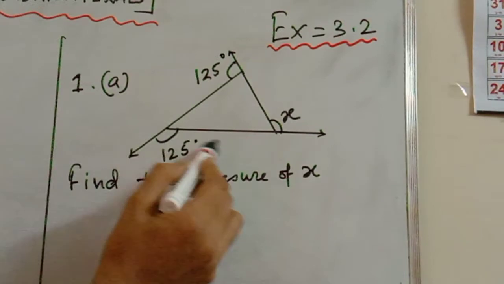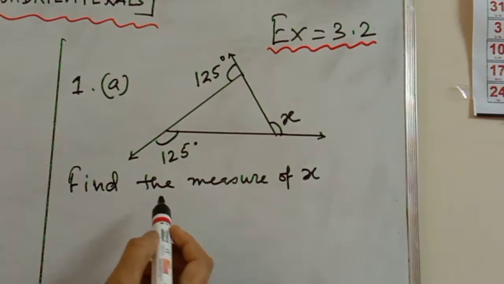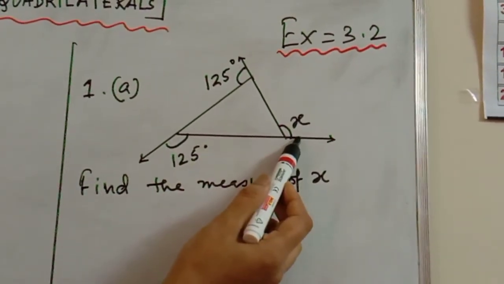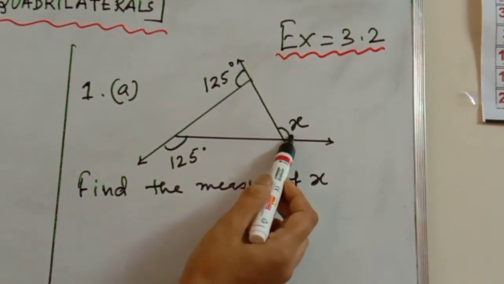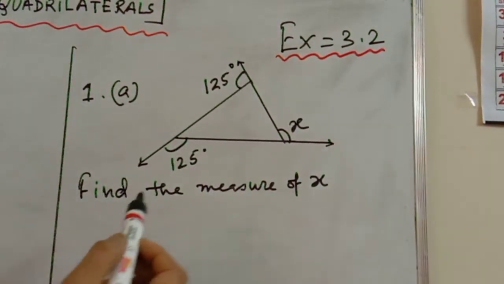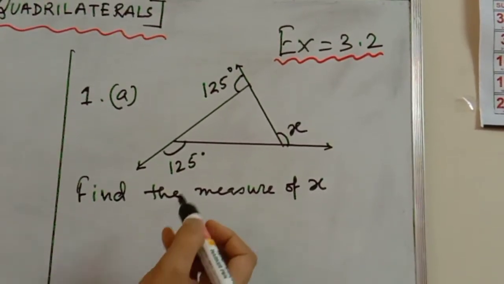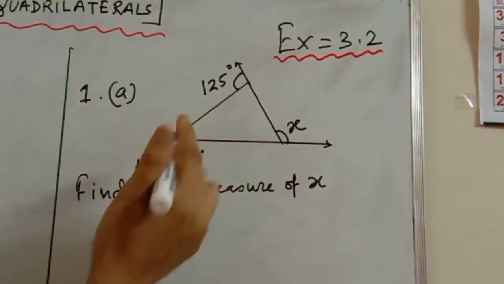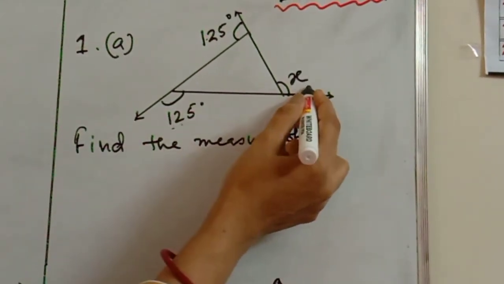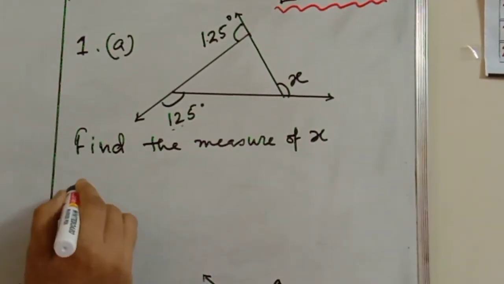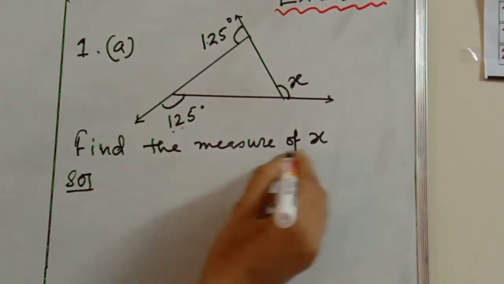Now look at this given figure. It is question number 1, part A of exercise 3.2. Here you have to find the value of x. It is a triangle and three exterior angles are given here. If you use the concept of the sum of the exterior angles of any polygon, you will get 360 degrees, you know that. Two exterior angles are given with their measurements, and x is unknown.